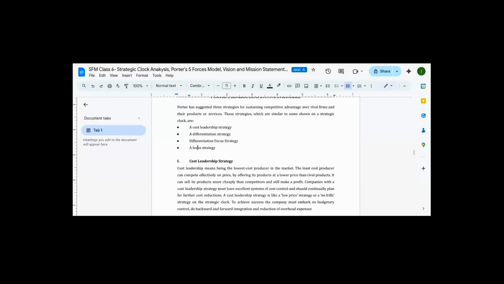As a result of that, they limit their focus to serving a smaller segment of a market. They limit their focus because they don't have the financial resources, the technical know-how, or the innovative ability. Their capability is limited.